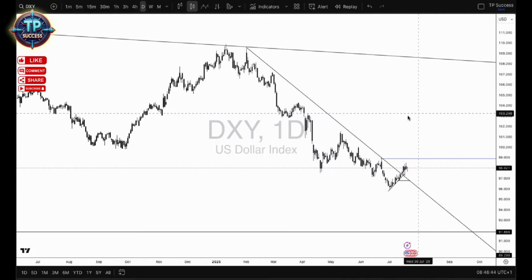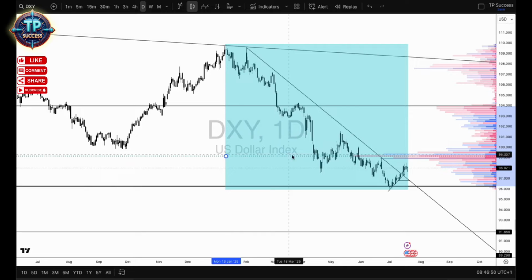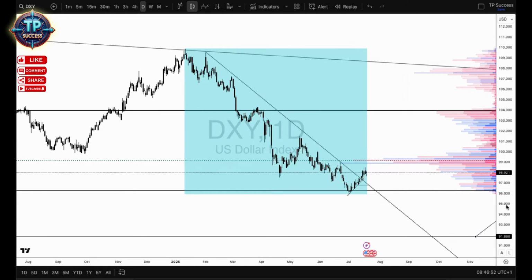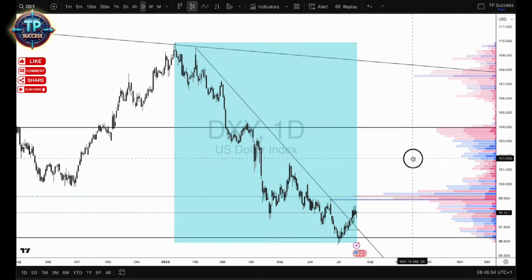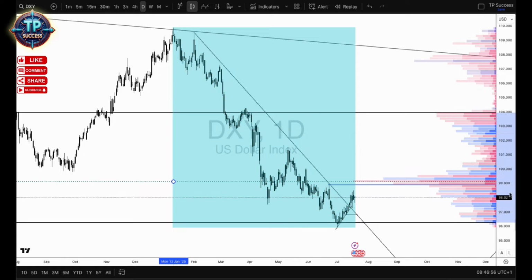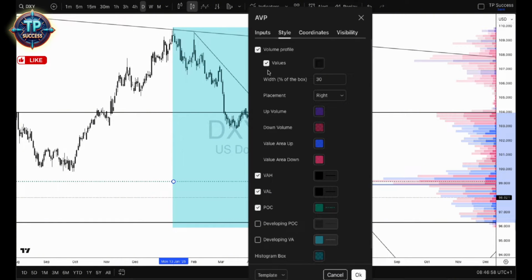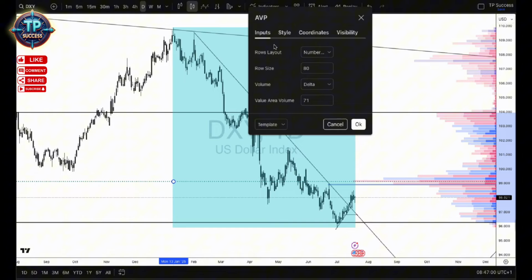So the first thing that I want to do here is I want to bring in the anchored volume profile, because we don't have that in place right now, and we're just going to whack that on. And as you can see, that one there is set to the delta, so we're just going to flip that around a bit, and we're going to put that to total.